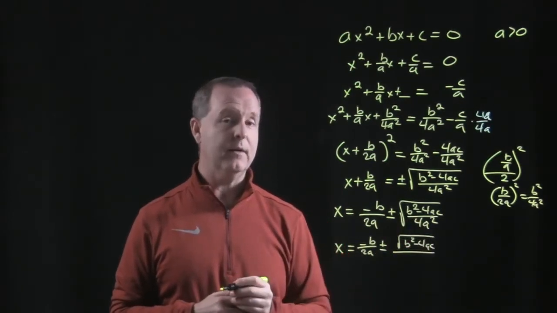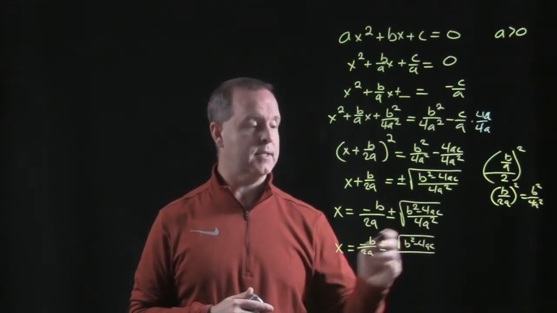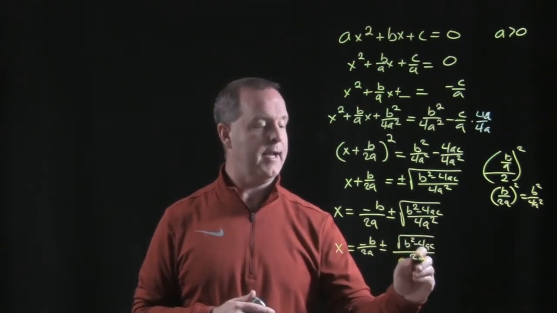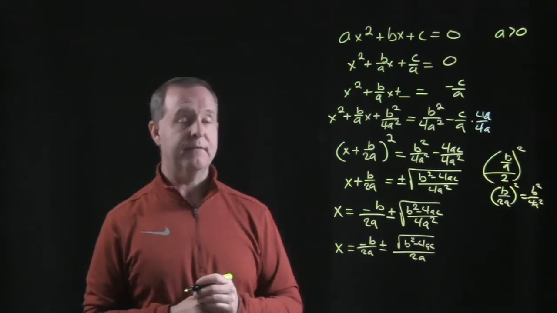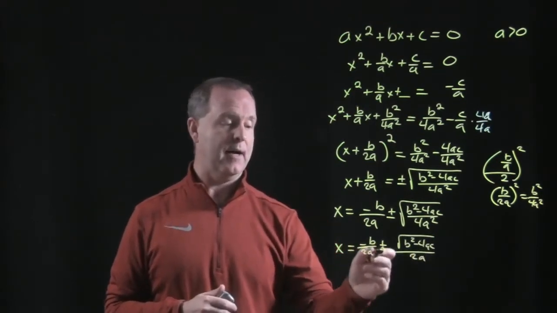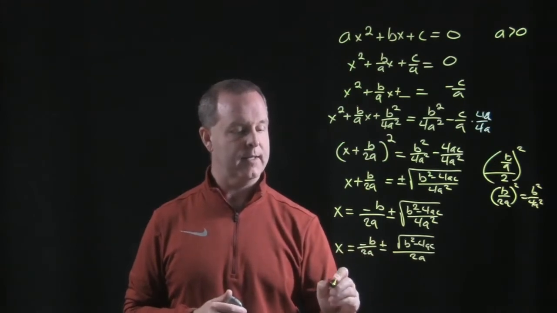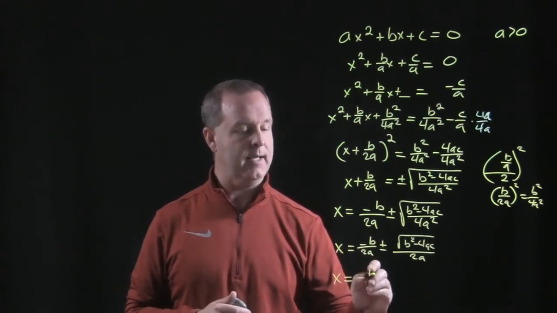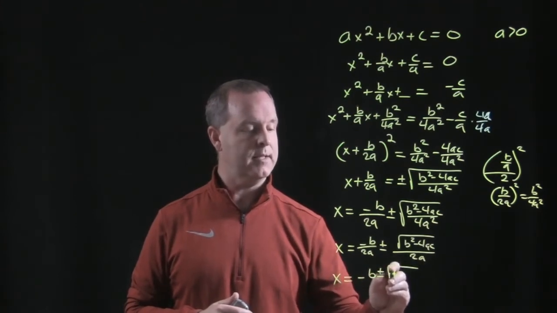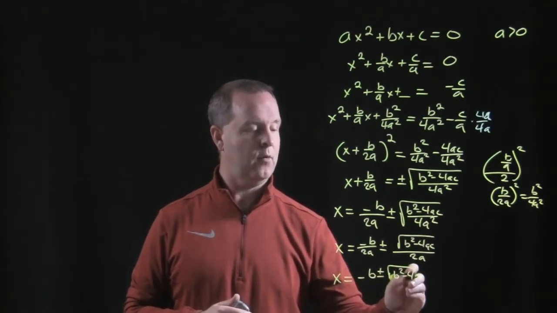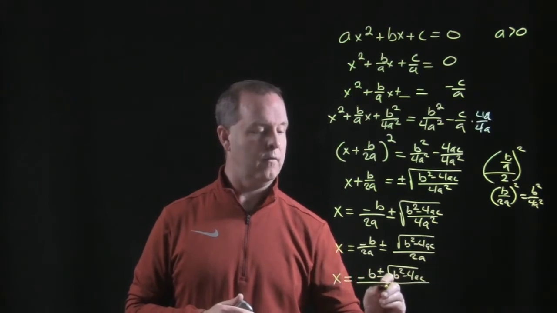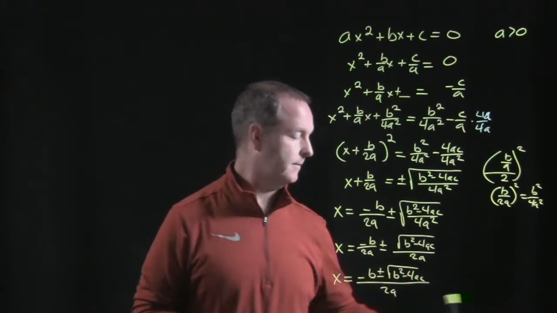The denominator, the square root of 4a squared, is just 2a. And then from there, I do have two terms that have common denominators, so let's just combine those up. So I get x equals minus b plus or minus the square root of b squared minus 4ac all over 2a.